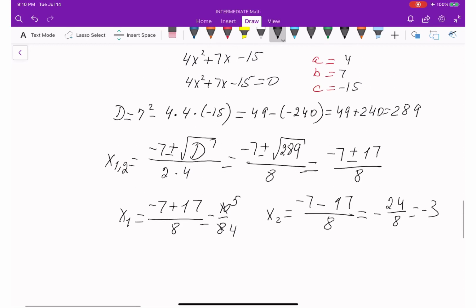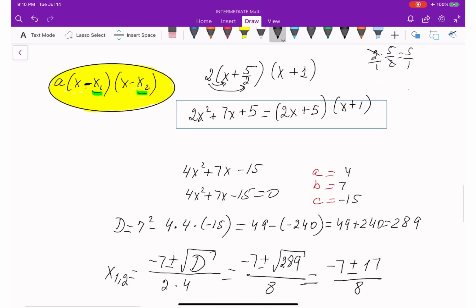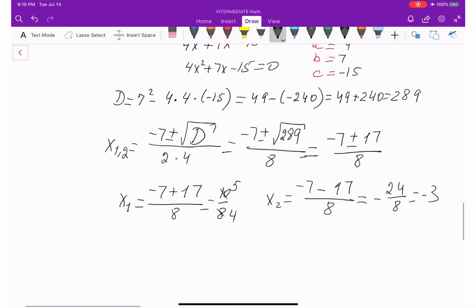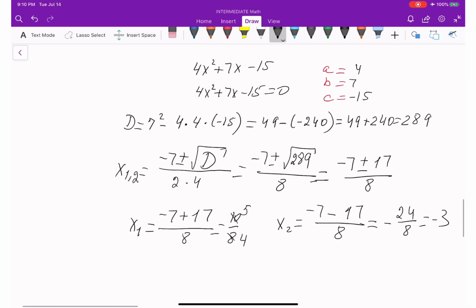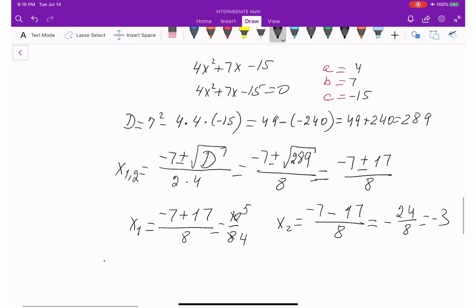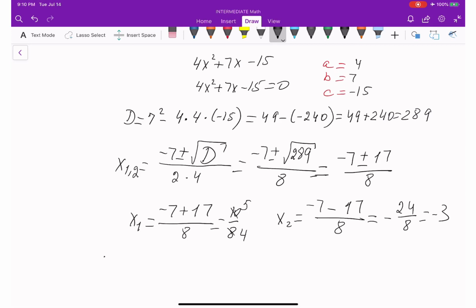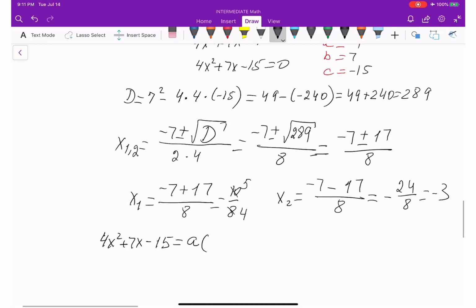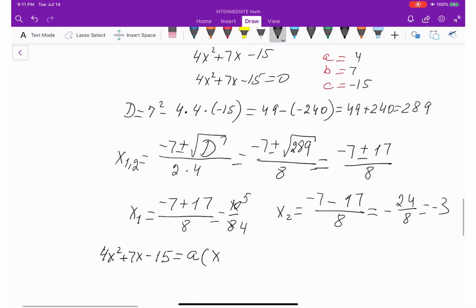Okay, so again, I'm using this formula, a times x minus x1, x minus x2. So a is 4. So let's write down the whole formula. I mean the whole our quadratic expression. 4x squared plus 7x minus 15 is equal a times x minus 5 over 4, right? Because 5 over 4 is plus, therefore we can put minus.